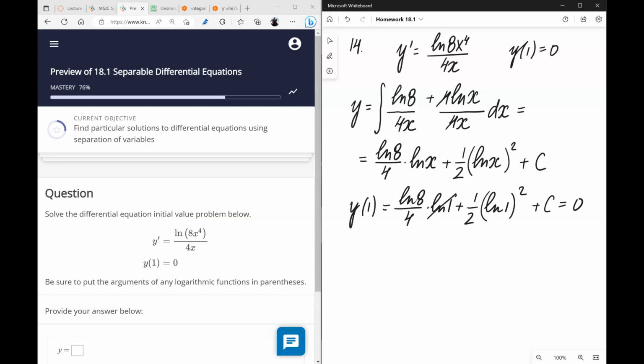And because this is 0, that implies that c is equal to 0. So y of x is simply equal to ln of 8 over 4 times ln of x plus 1/2 ln of x squared.